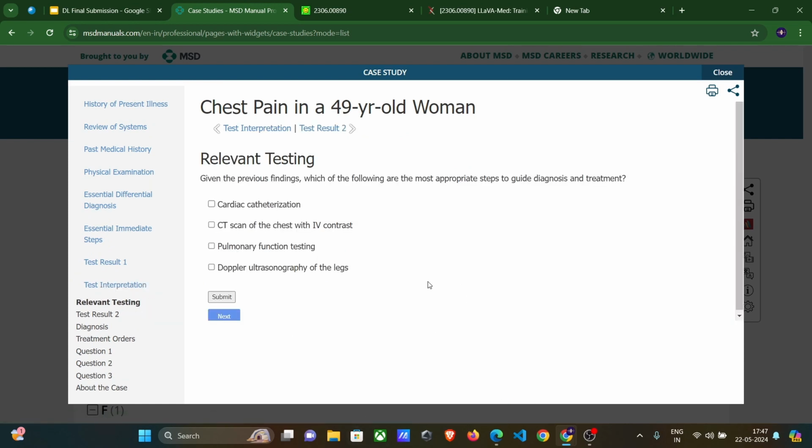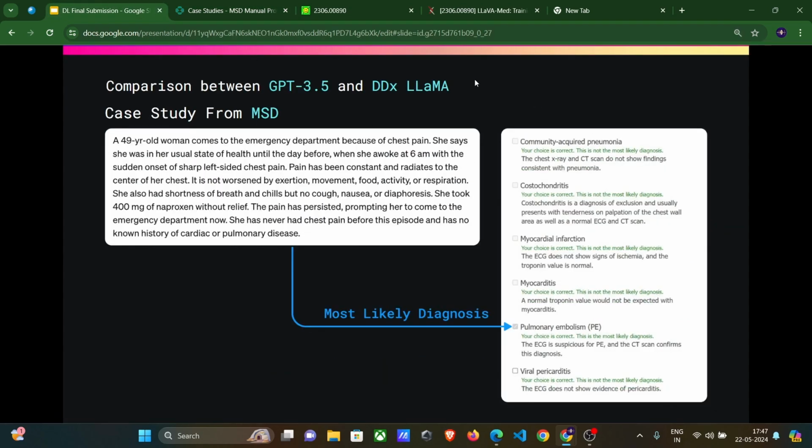It is a very hierarchical type of case study. So we use this for testing here.